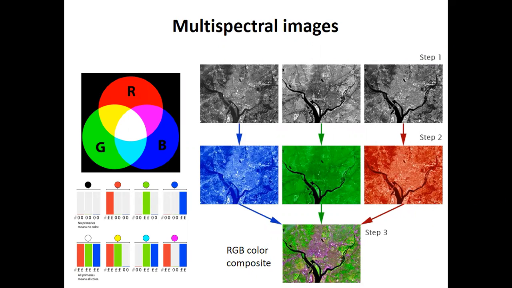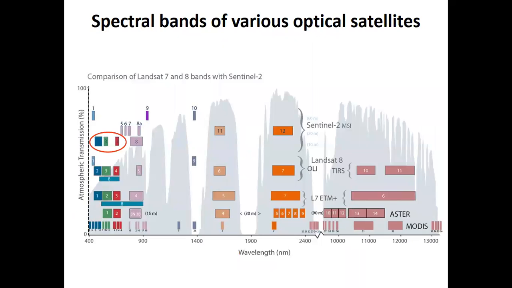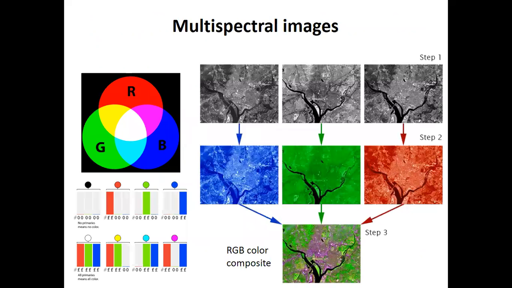You could see these natural or pseudo-natural colors, which are produced using a combination of usually the first three channels of Landsat and the first three channels of some other satellites. They use only visible channels for visualizing the picture. But we could do it in another way.